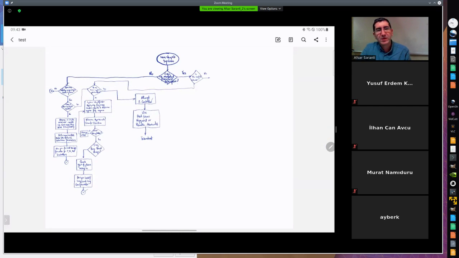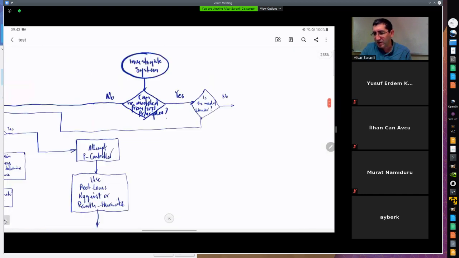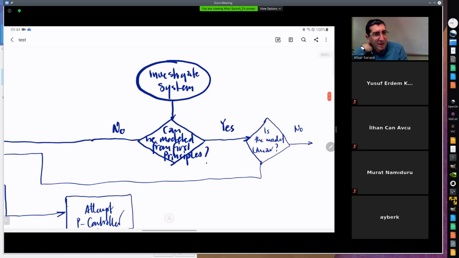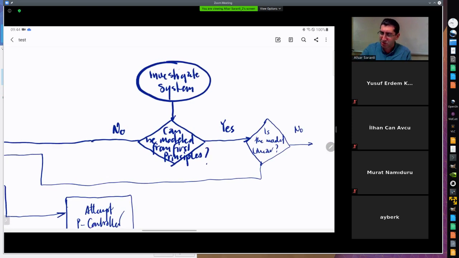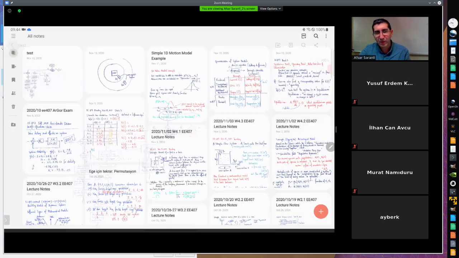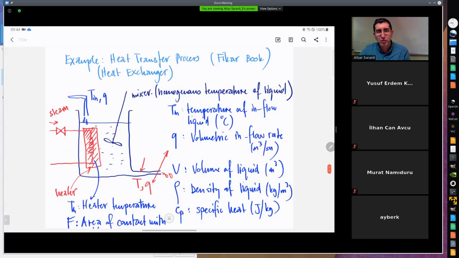But we have the ability to zoom in and zoom out, so we will try to go in and out of this figure. I will draw this from scratch. So this was just a trial to see whether I can do that. Okay. So here are the notes from last week.